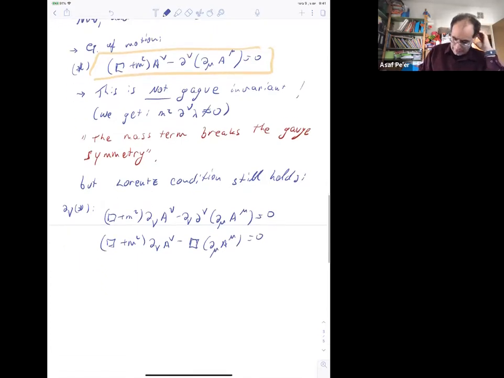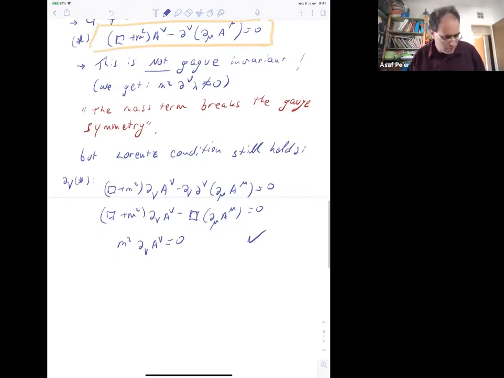The two D'Alembertians cancel, of course, so we end up with m squared d_nu A^nu is equal to 0, which is just the Lorentz condition. We will discuss the importance of gauge symmetry and the break of gauge symmetry in the framework of the standard model, but that will be in a few weeks' time.